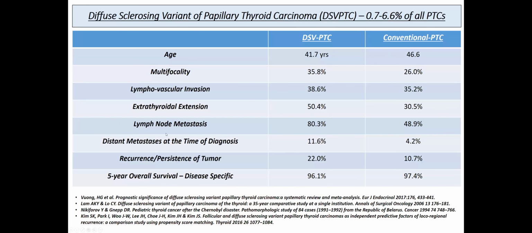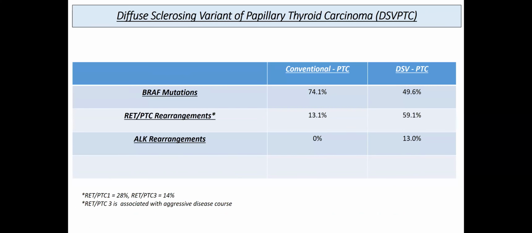Interestingly, in children, these tumors will behave similar to adults, but when you look in the adults, what is very important is that the distant metastases at the time of diagnosis are higher, with higher lymph node burden, while extrathyroidal invasion and lymphovascular invasion stay the same when you compare them with conventional PTC. So they can cause multiple lymph node and distant metastases, including lung, which is the common site.